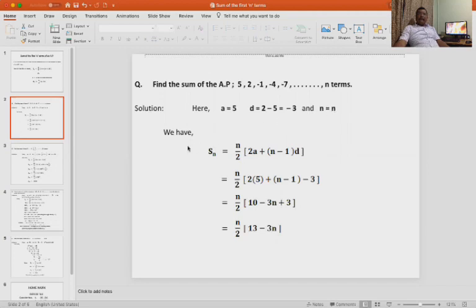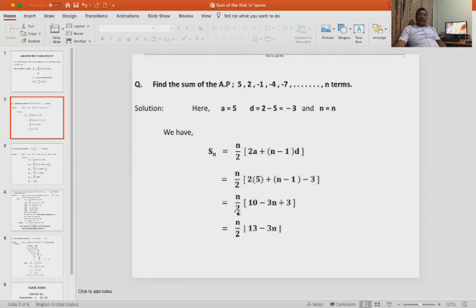Now we have Sn equal to n by 2 into 2a plus n minus 1 into d, which is equal to n by 2 into 2, since your a is 5, we put here 5 plus n minus 1 into d. Since your d is minus 3, we put here minus 3.